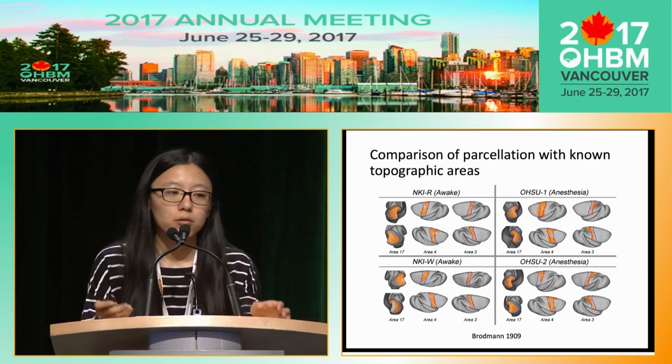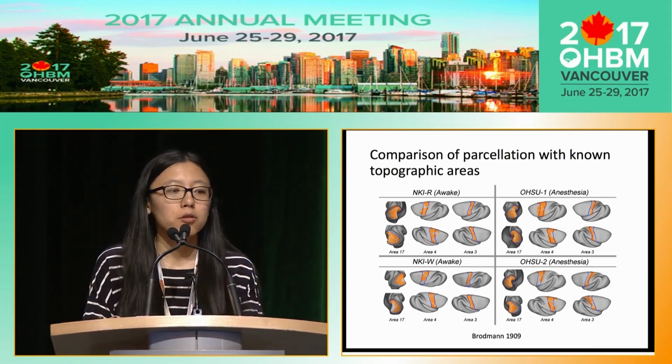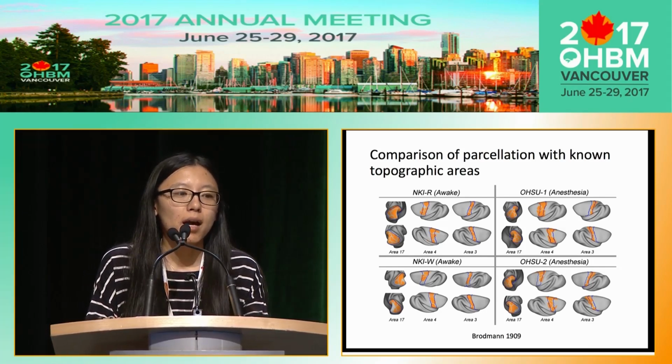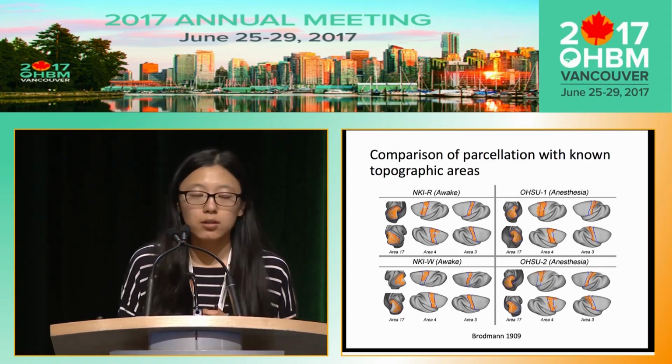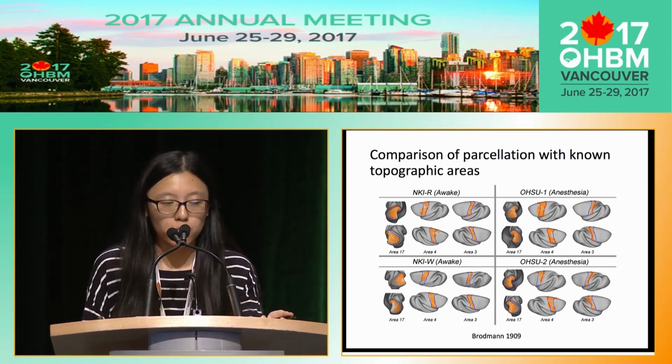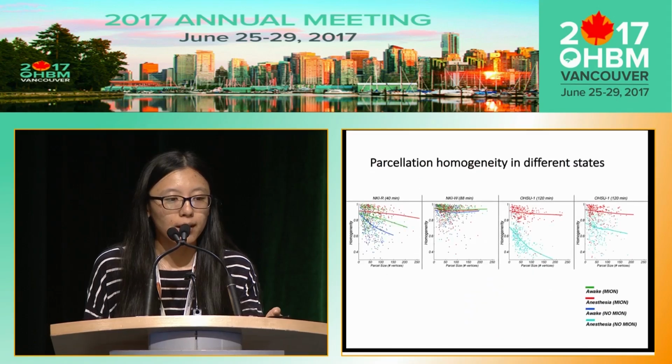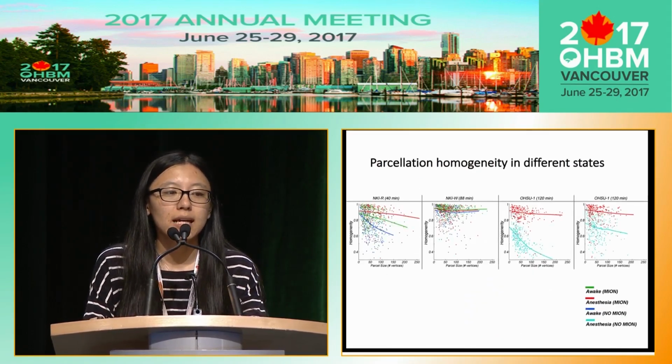And how does it correspond to the traditional histological boundaries? We compare those parcels to the Brodmann areas, especially area 17, which is the primary visual cortex. We could get a pretty good correspondence to those Brodmann areas. Next, we look at the parcellation homogeneity in different states.